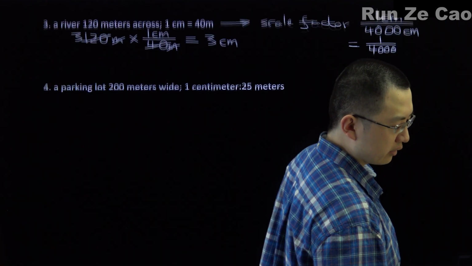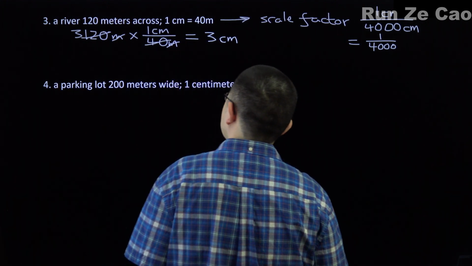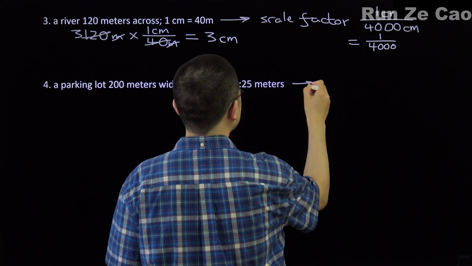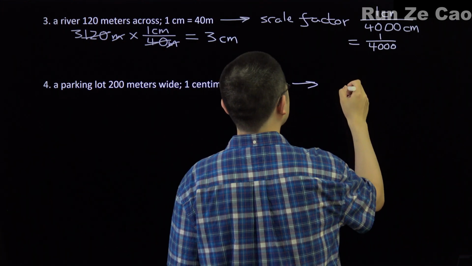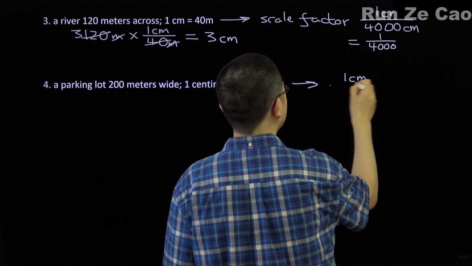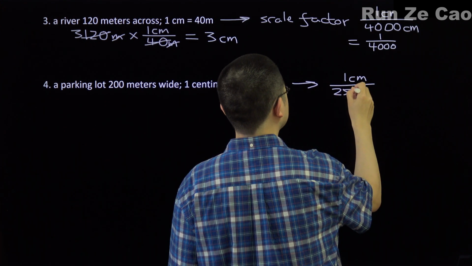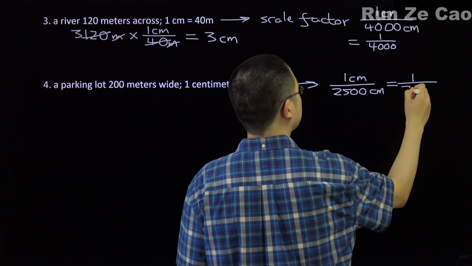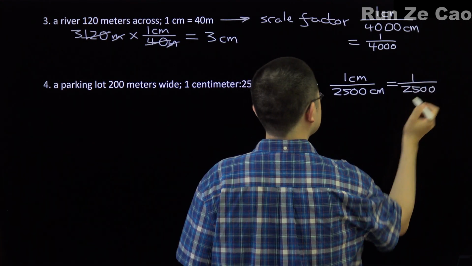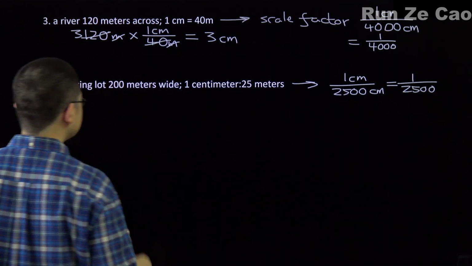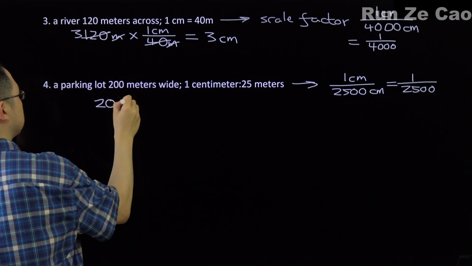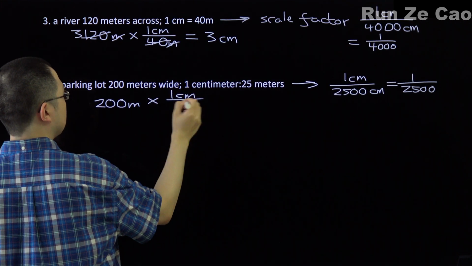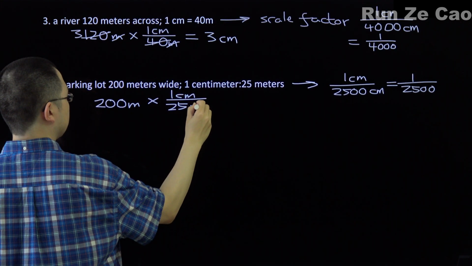Let's say we have a parking lot. It's 200 meters wide, and we're representing it at a scale of 1 centimeter to 25 meters. This is 1 centimeter per 2,500 centimeters, which is equal to 1 over 2,500. 200 meters times 1 centimeter over 25 meters.